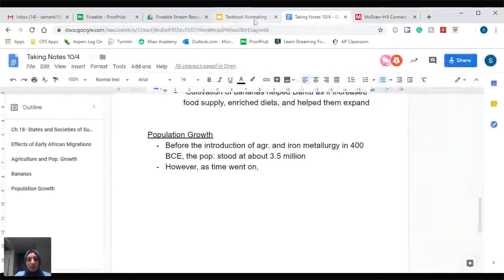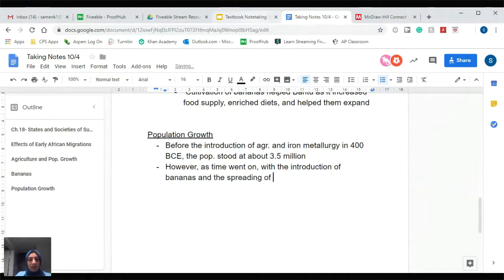So we could say with the introduction of bananas and the spreading of, let's say, iron metallurgy, and what was it? Agriculture from the Bantus. The population eventually exceeded 22 million.